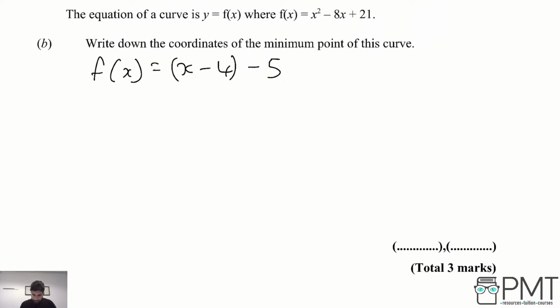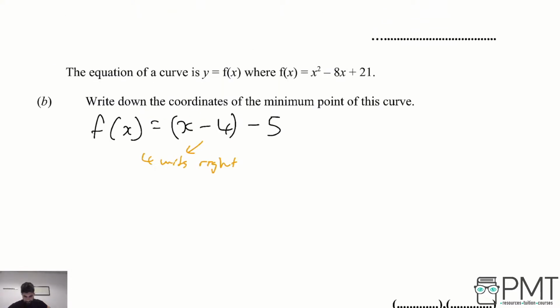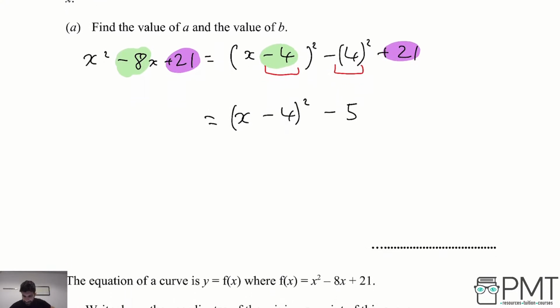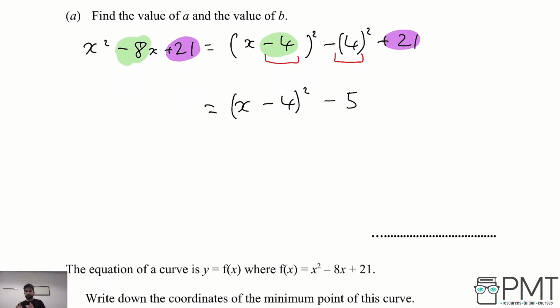So this one, I'm going to write the translations. This is 4 units to the right. So if it's inside the bracket, oh, hang on, it is plus 5, not minus 5? Did I copy that wrong? Yes, thank you both of you for noticing that.